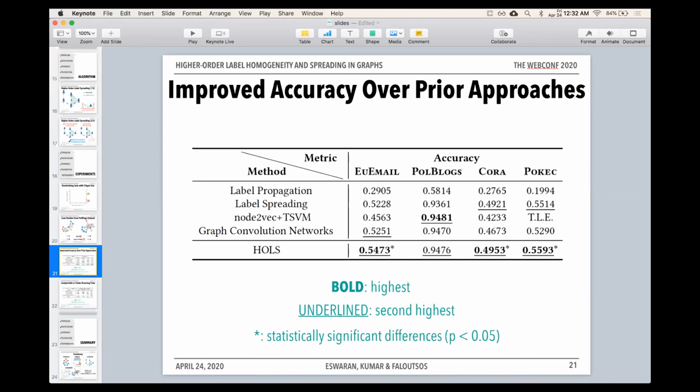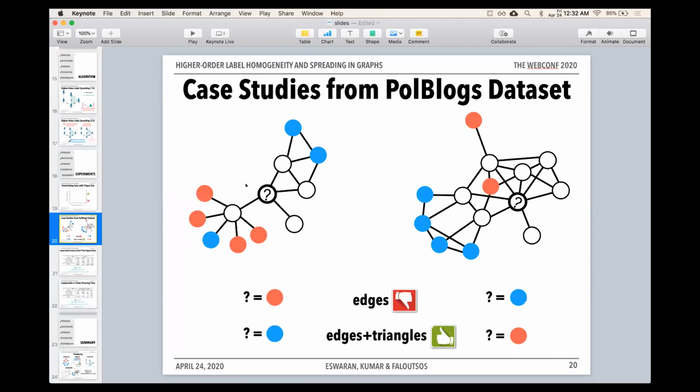So that's one high level answer for where triangles might help and where their help might be limited. As for where it might hurt, whenever the hypothesis that we started off with does not hold, it might not help. We saw two cases where a tighter community structure indicated that even a less popular opinion is the opinion that the question mark vertex shares.